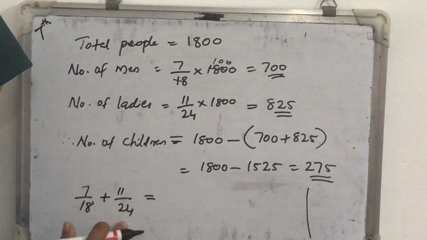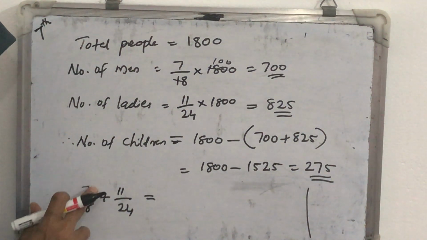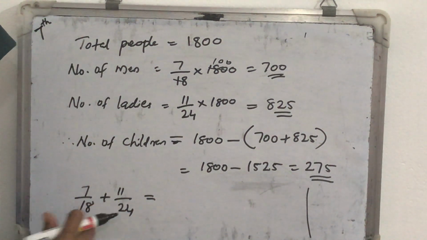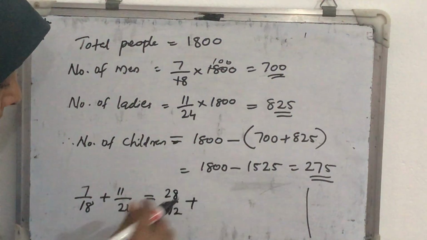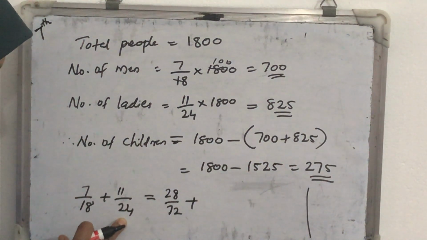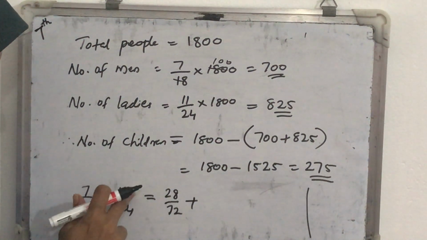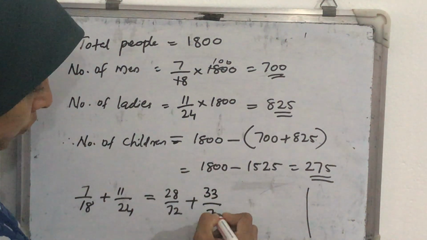For getting 72, 18 is multiplied by 4, so the numerator also multiplies with 4. We will get 28 by 72 plus, and to get 72 from 24 we multiply with 3, so here also 11 into 3, 33 by 72.